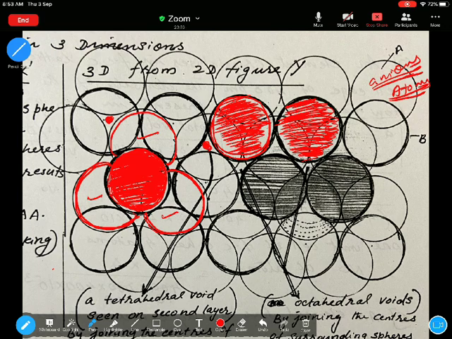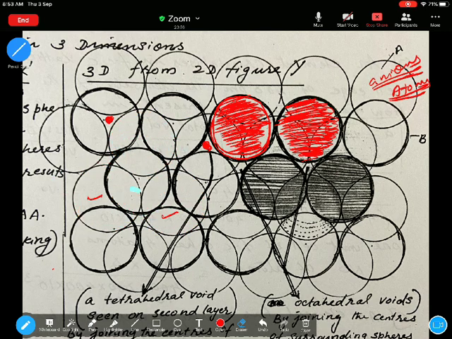First we were talking of this void, which is created by 1 ball of the second layer and 3 balls of the first layer. Now there is another type of void called an octahedral void.